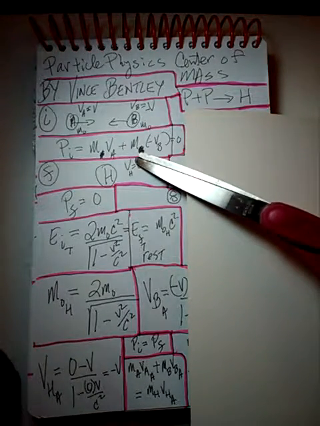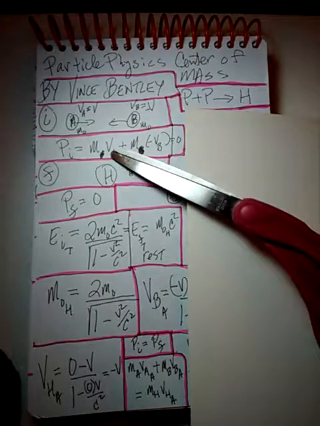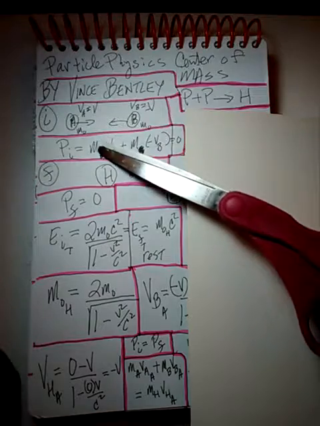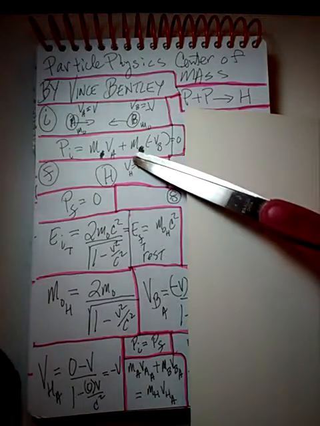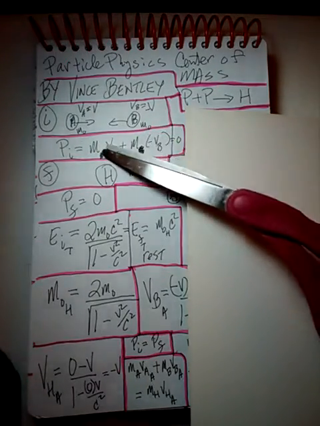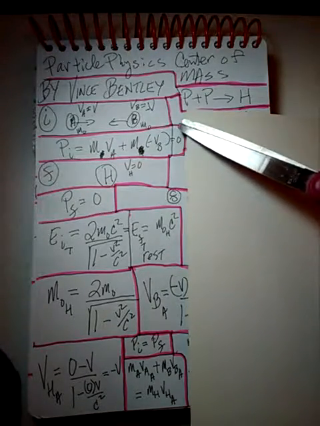And let's check out the initial total momentum. Of course, you have the relativistic mass of this object times its velocity plus the relativistic mass of this object times its velocity. But of course, both the masses are equal and the velocities are equal, so the initial momentum will equal 0.